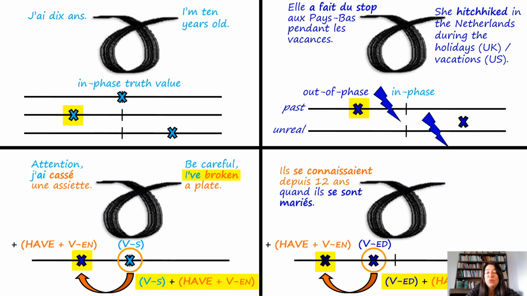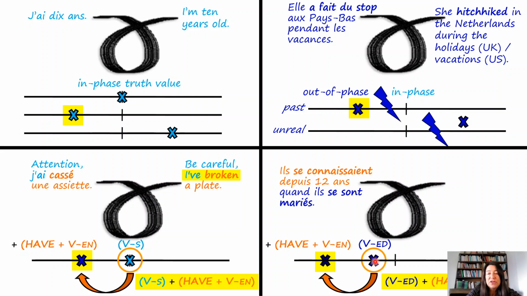"Ils se connaissaient depuis 12 ans quand ils se sont mariés." The same analysis applies to this source text here. We can analyze it by saying that "ils se sont mariés" is our point of reference in the past.